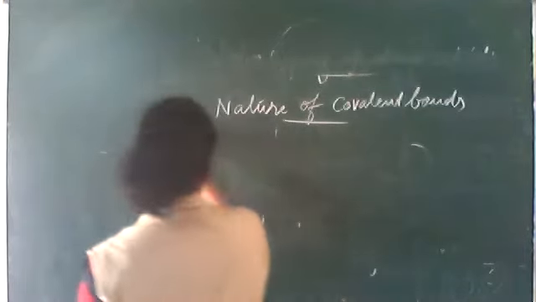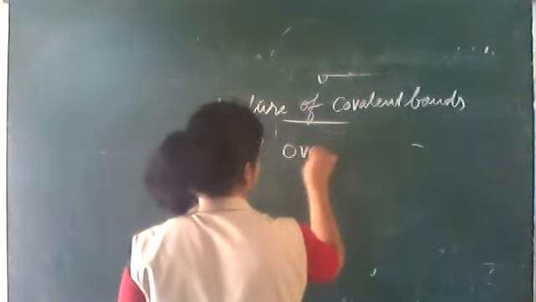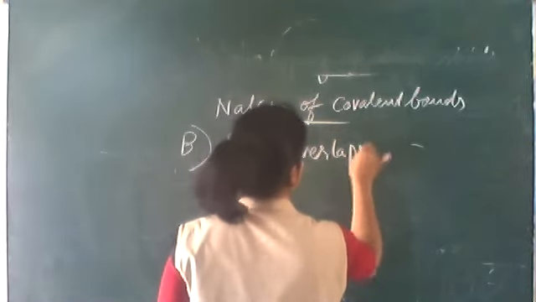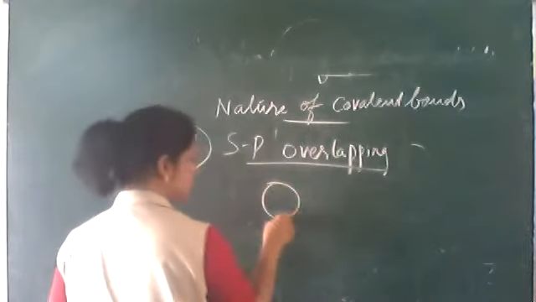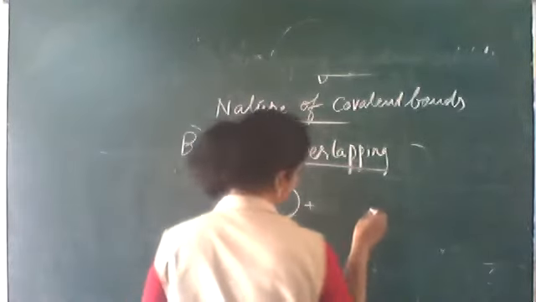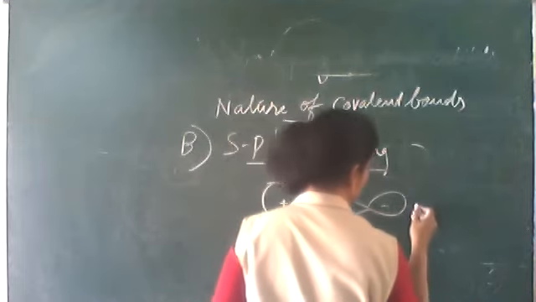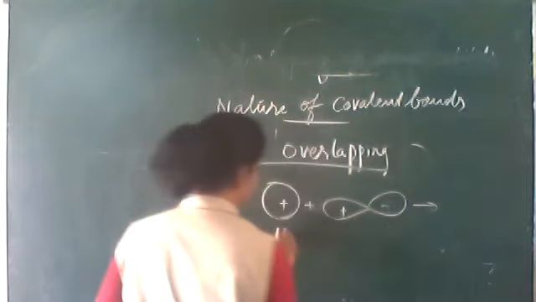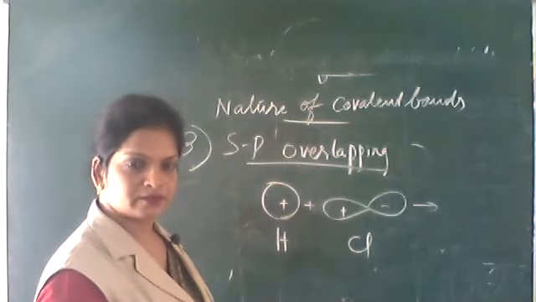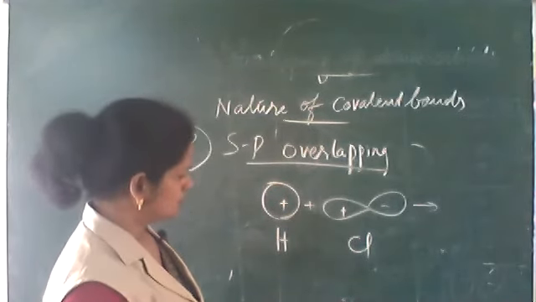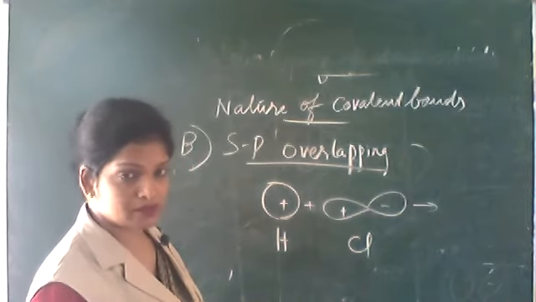B, s-p overlapping: 1s orbital plus 1p orbital. For example, HCl: the 1s orbital of H and the 3p orbital of Cl, since the third shell is the valence shell.